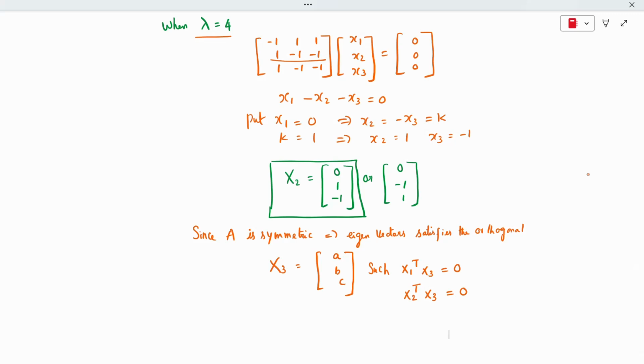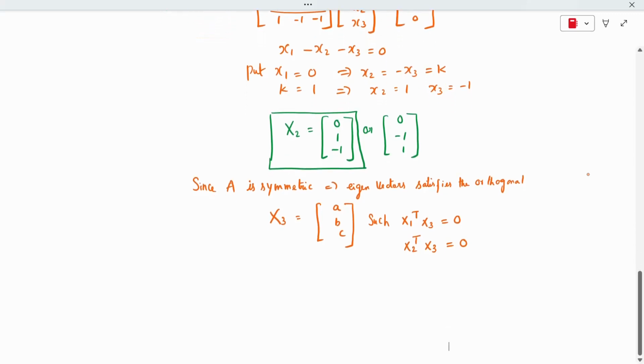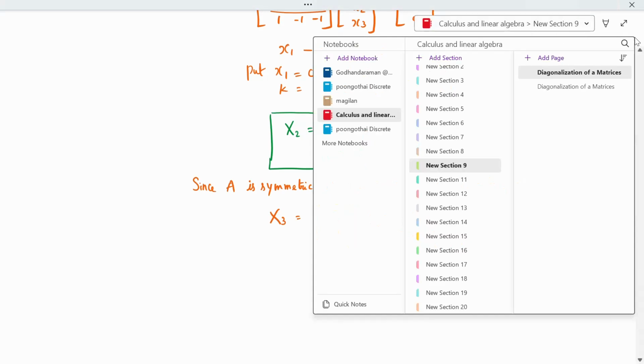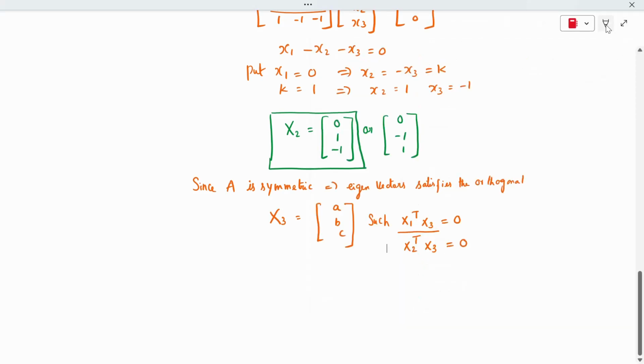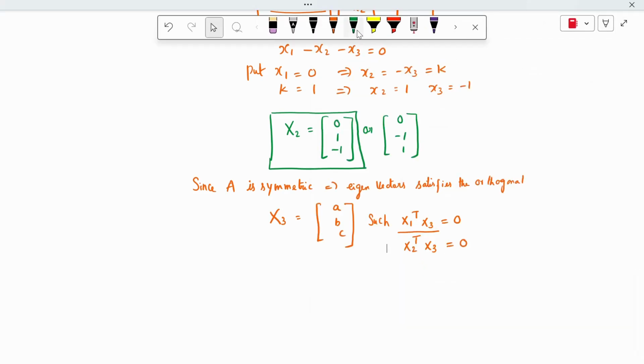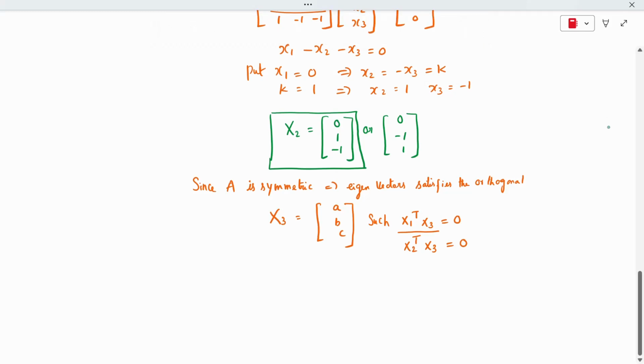So now this I am going to write. So how can I write it? When I am able to write it, x1 transpose into x3 equal to 0.